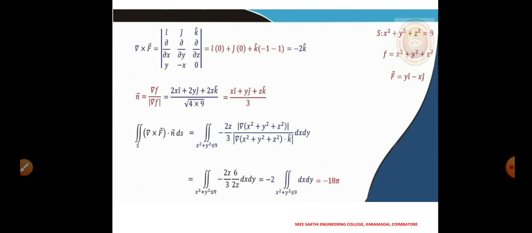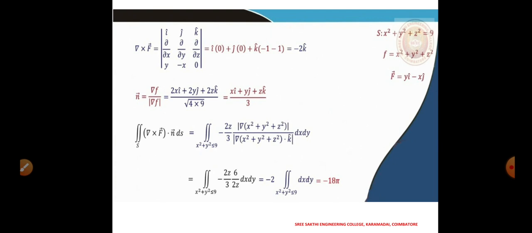Now we can simplify this. So this is minus 2z by 3, and then we need to compute this, which will come as 4 into 9, so it is 36, and the result is just 6 there. With this dot product, it will come as 2z, the absolute value, because z is positive. So we write just 2z there, so it is minus 2, and then we are integrating over this disk dx dy.